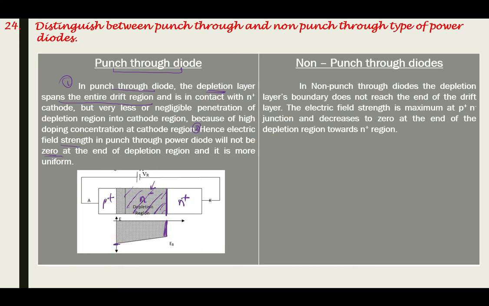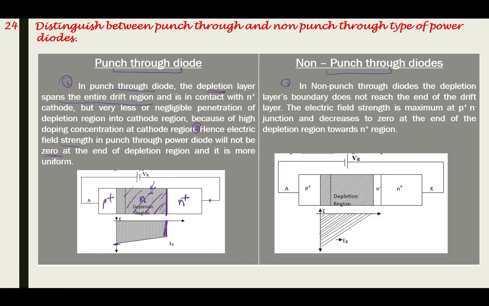Whereas if you go to the non-punch through diode, the first point is that the depletion layer's boundary does not reach the end of the drift layer. That means it won't touch the N plus region. Could you notice this is the empty space left out? The depletion layer will end much before the N minus region ends. Then again, because of this, what happens?